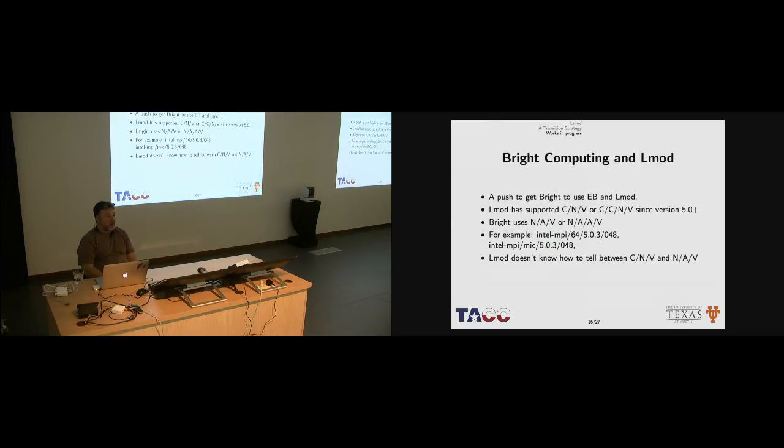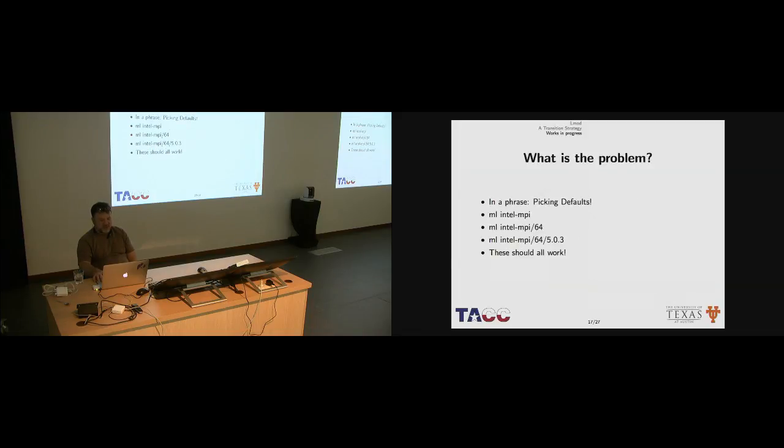I'm not going to hardwire things. The problem is picking defaults. You'd like to be able to do module ml intel-mpi, or intel-mpi/64, or intel-mpi/64/503 and have it do the right thing. That's not supported right now, and these should all work.